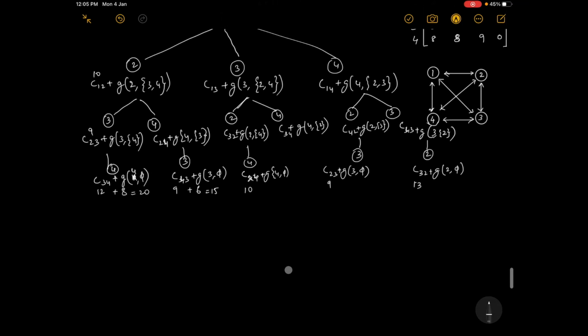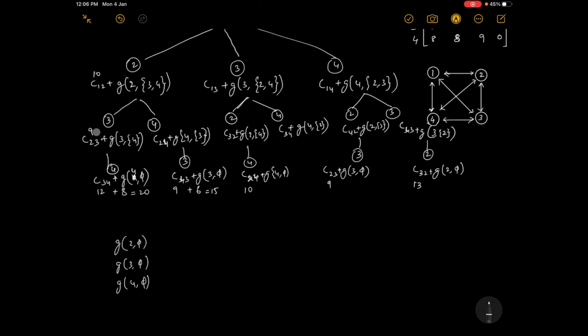So either you can write it and substitute here, or I'll write it in tabular form. So g of 2 comma 5, g of 3 comma 5, g of 4 comma 5. Why have I taken only this?